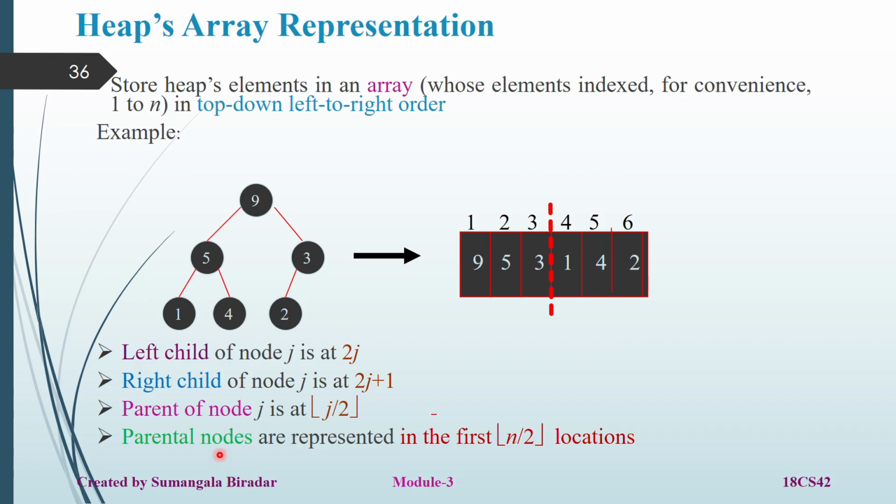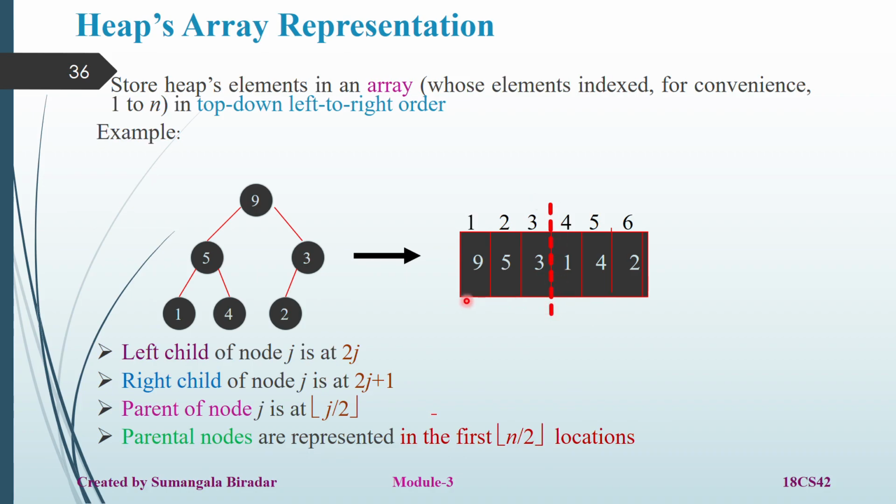Okay. Next, parental nodes are represented in the first n divided by 2 locations. For example, in this example, how many nodes are there? 6 nodes. 6 divided by 2 means 3. So the first 3 nodes contain the parental nodes, and the remaining nodes contain the child nodes. We can divide it into 2 half parts.